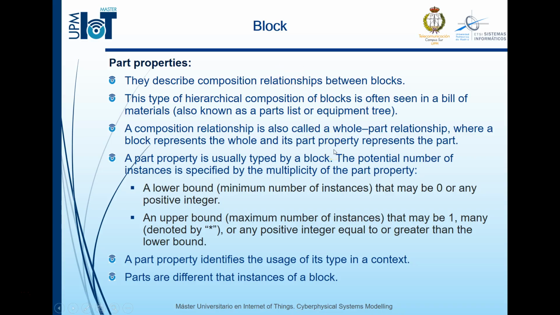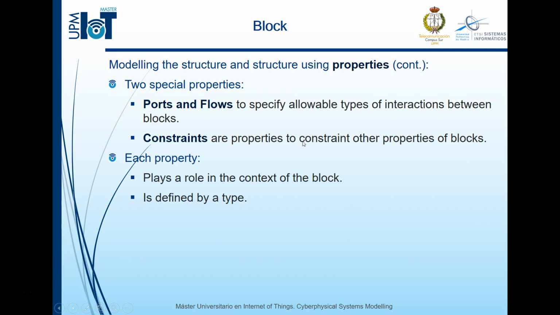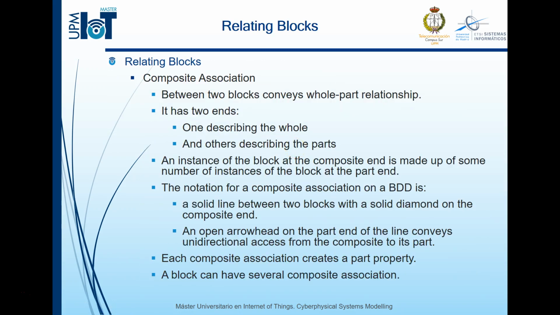So if you remember, the part property is represented by a composite association. And last week we mentioned composite associations are always between two different blocks with a kind of relationship.